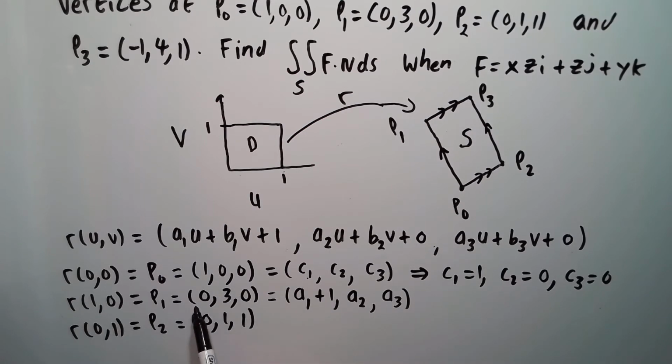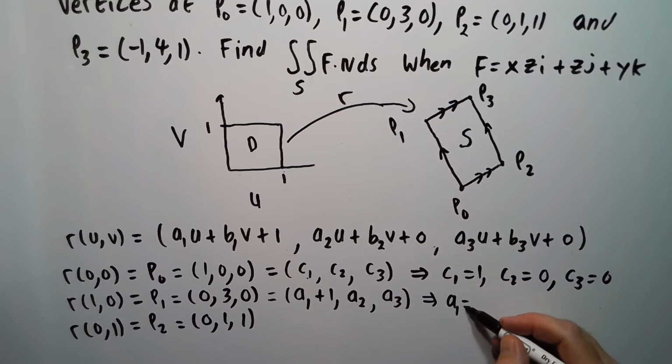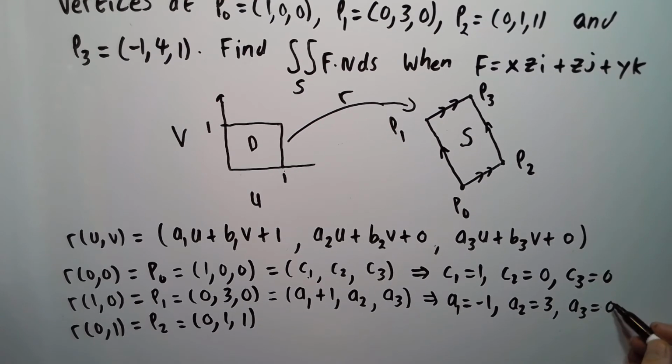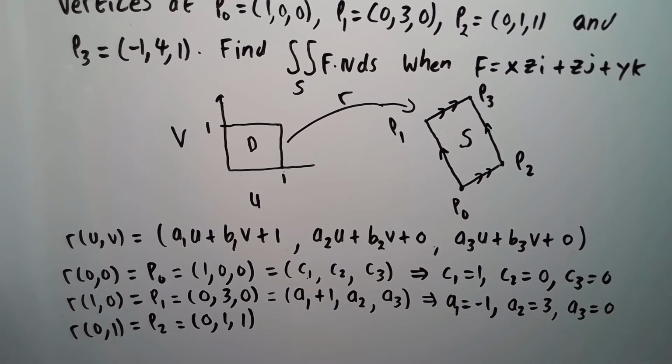Solving it, A1 is minus 1. Then A2 would have to equal 3, and A3 would have to equal 0. So let me replace those. I'm going to put -1 in place of A1, 3 in place of A2, and 0 in place of A3.